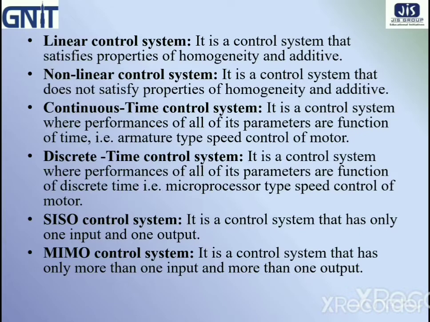And next, what is SISO and what is MIMO? SISO stands for single input single output, where in a system there is only one input and one output. And MIMO system is multiple input and multiple output. So this is basically SISO and MIMO system.